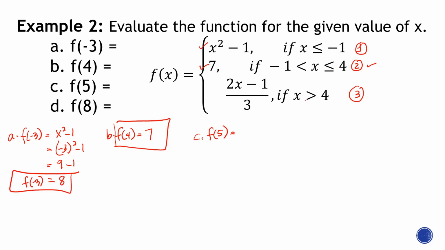Is 5 greater than 4? Yes. So which means we will be using (2x minus 1) over 3. We will replace that x by positive 5: 2 times 5 minus 1 over 3. This is 10 minus 1 over 3. That's 9 over 3, which is equal to positive 3. That's our f of 5.